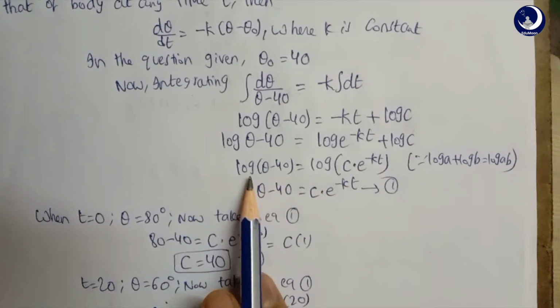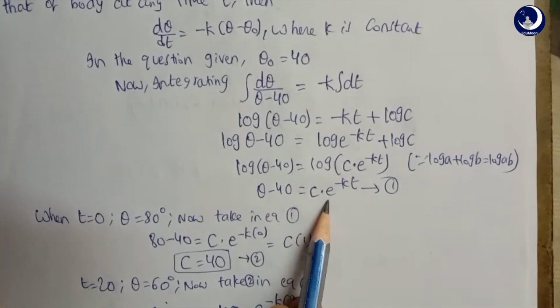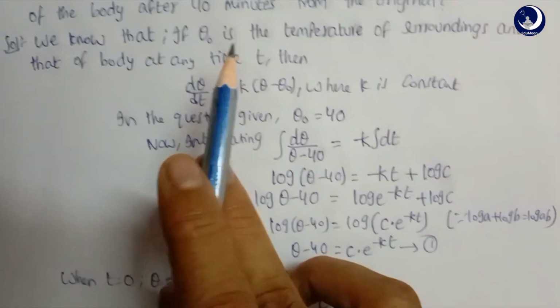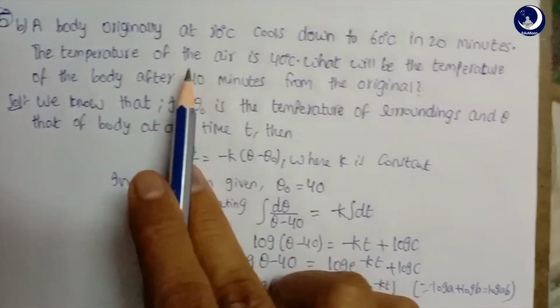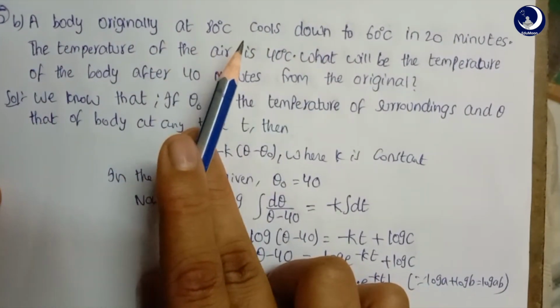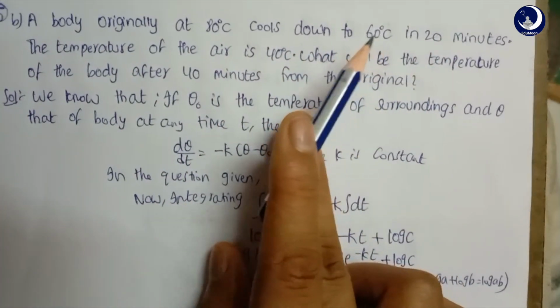Now cancelling the log function, we get theta minus 40 equal to c into e power minus kt. As per the given question, initially at t equal to 0 it is 80 degrees, and it cools down to 60 degrees at t equal to 20 minutes.